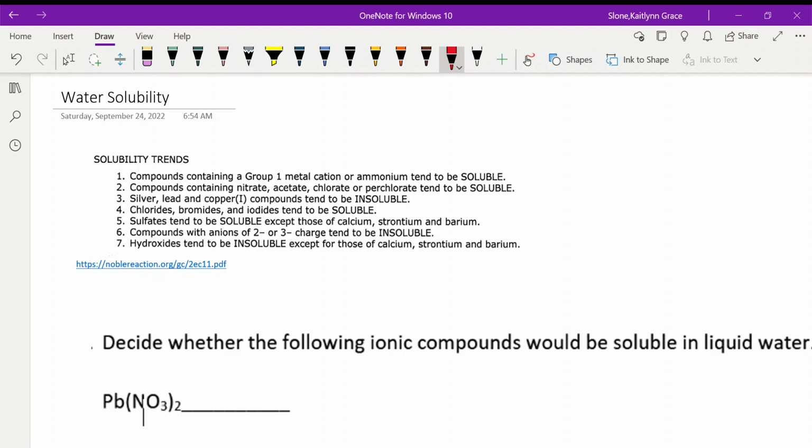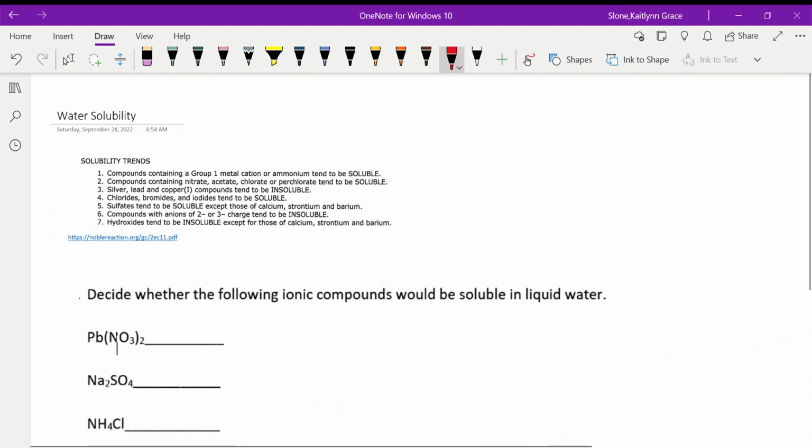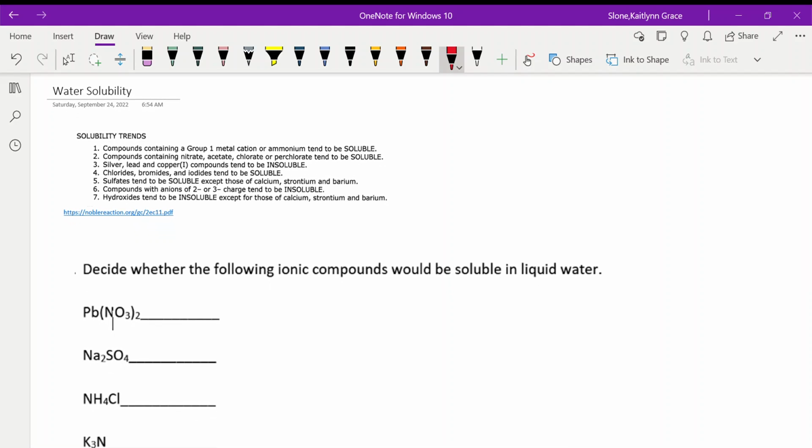So you might be asking yourself, okay, we have these trends, but how do we use them? How do we apply them? We're going to go through a couple of example problems, apply these trends, and see if these ionic substances are soluble in liquid water.